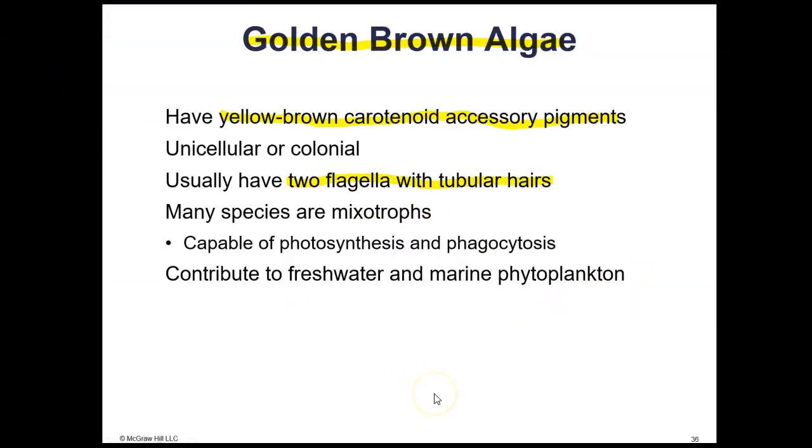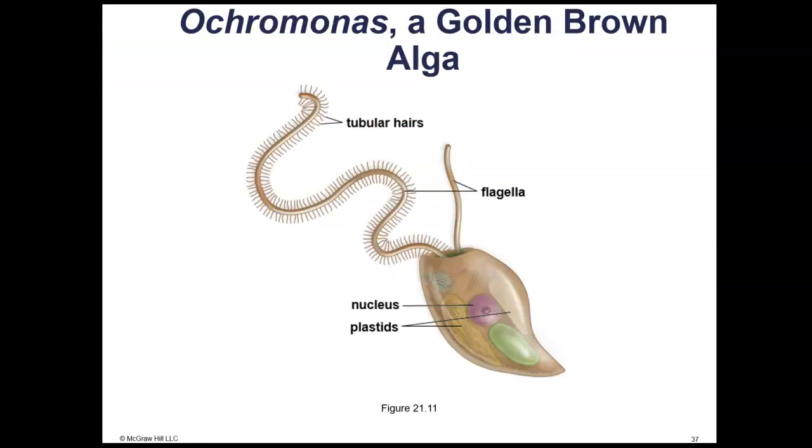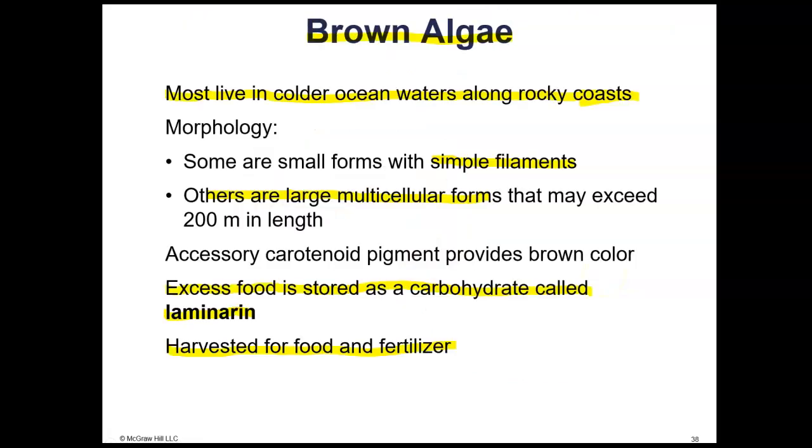Okay, then after the diatoms, we have the golden brown algae. And this is a picture of a typical golden brown algae. It's unicellular. It has two flagella, one's hairy and one's not. Then there's brown algae. Some are small and some are large multicellular forms.